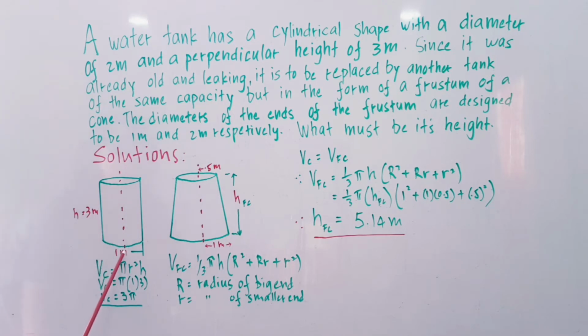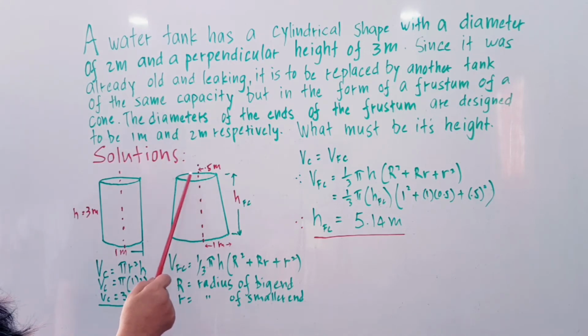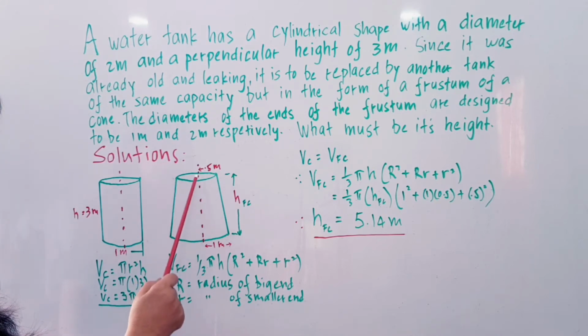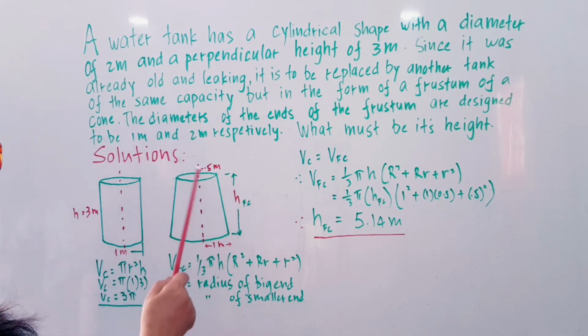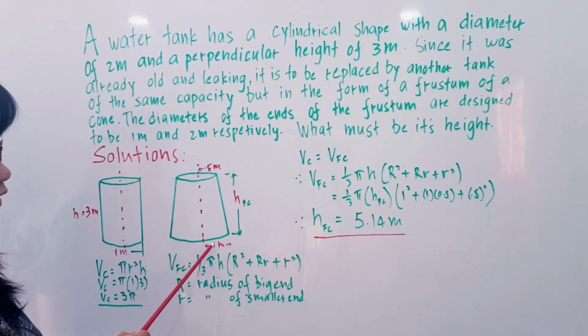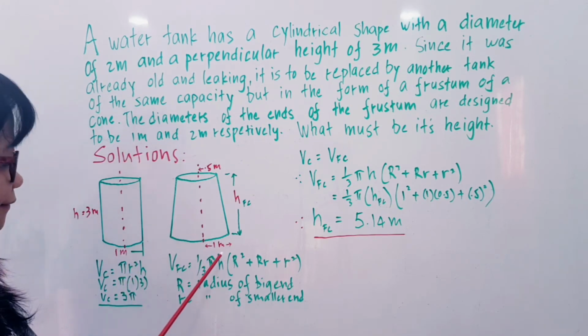That means, ang diameter niya is 2 meter, so ang radius means 1 meter. Ang height niya is 3 meter. Ang frustum of a cone naman, meron siyang given na diameter which is 1 meter, so ang radius is 0.5 meter, yung sa maliit na end. Sa malaking end, 2 meter diameter, that means the radius is half of it, which is 1 meter.